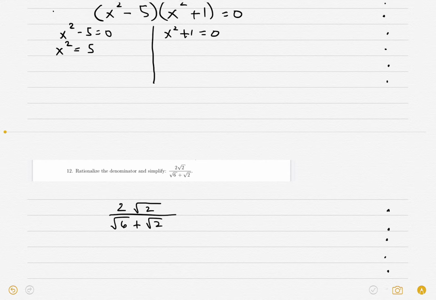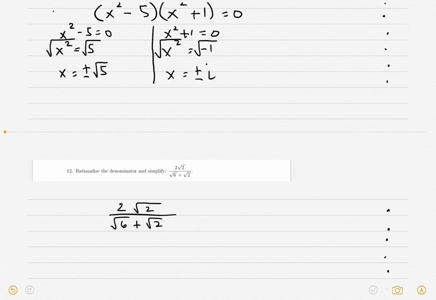And then extracting the square root of the equation, you have x is equal to positive negative square root of 5. And on the other side, we have here x squared is equal to negative 1. So, negative yung ating right side. Kunin natin yung square root. You have x is equal to positive negative i.